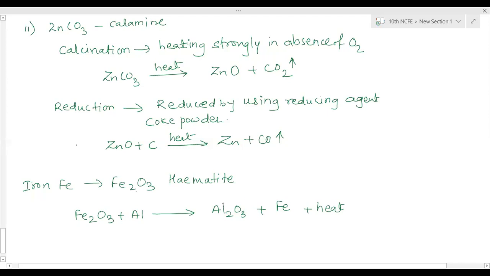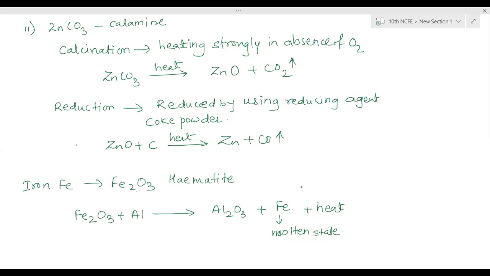It is so highly exothermic that the iron obtained is in the molten state. Iron's melting point is above 1500, maybe 2000 degrees Celsius, I don't remember exactly. Normally strong heating is needed to convert iron into liquid state. But here, by this simple process, the iron is obtained directly in the molten state.